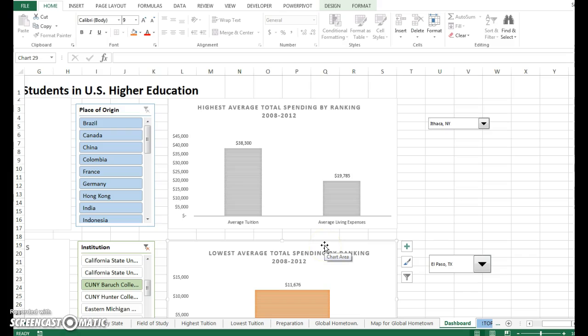On the upper right side of this spreadsheet, I put 2 charts separately, both about the total spending of the international students in America, which is easier to compare the highest and the lowest tuition and living expenses in those institutions from 2008 to 2012.